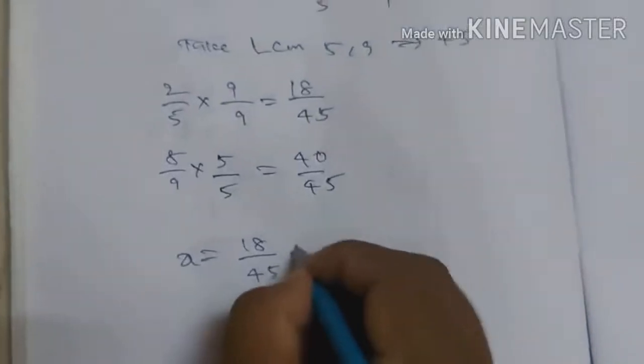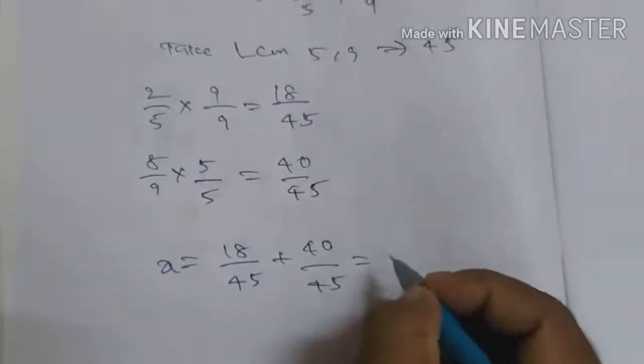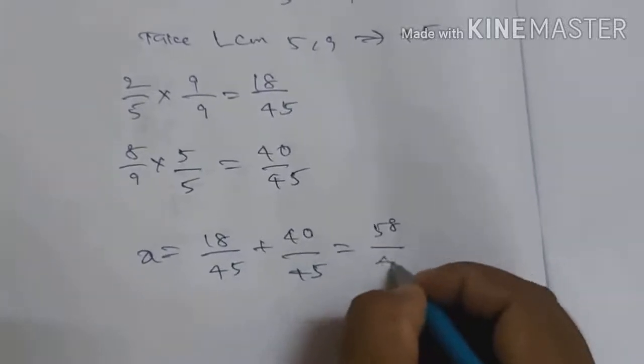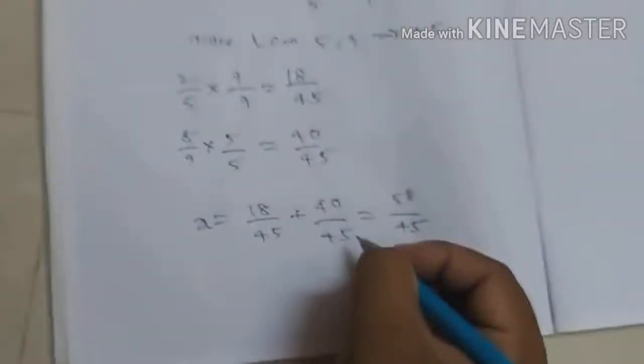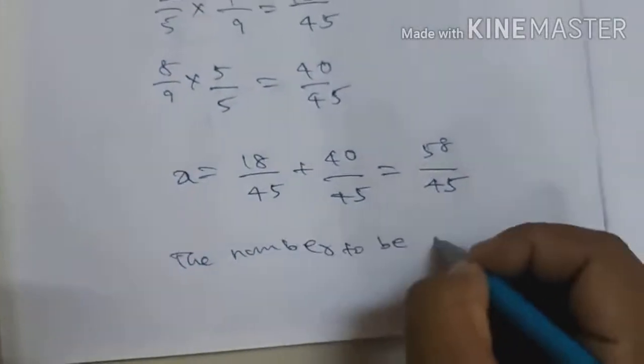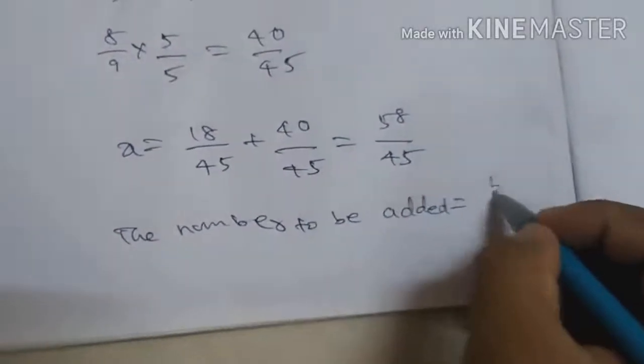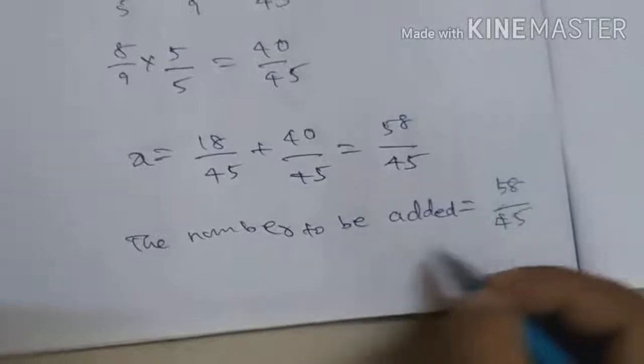So x equal 18 by 45 plus 40 by 45. So same denominator, so the value 18 plus 40, 58 by 45. So the number to be added is 58 by 45.